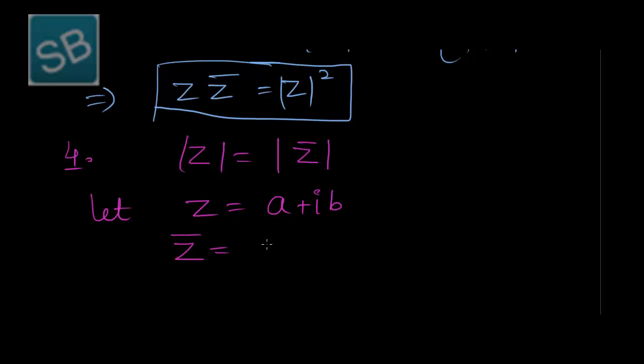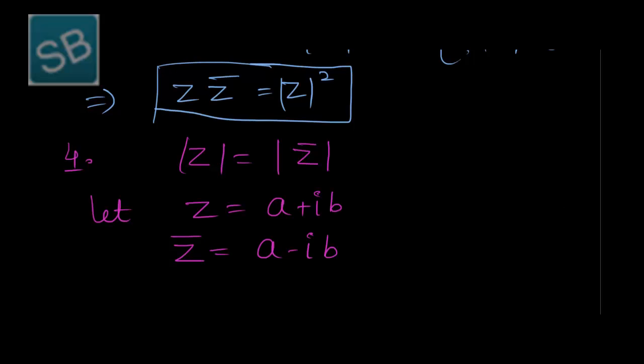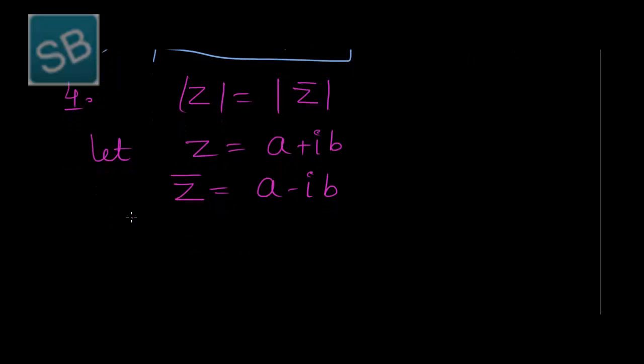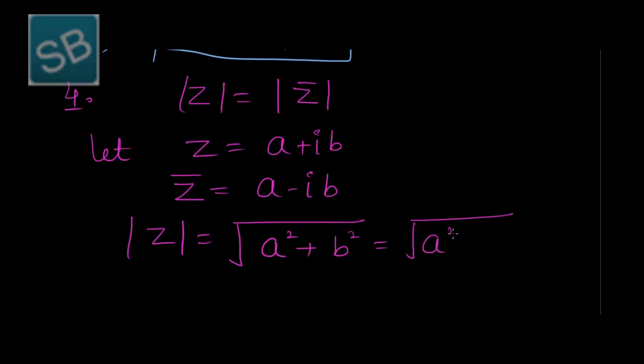Then z bar is equal to a minus ib. So we have to find the modulus of these two quantities. So modulus of z is under root of real part of z square, that is a square, plus square of imaginary part, that is b square. So mod z is under root a square plus b square.